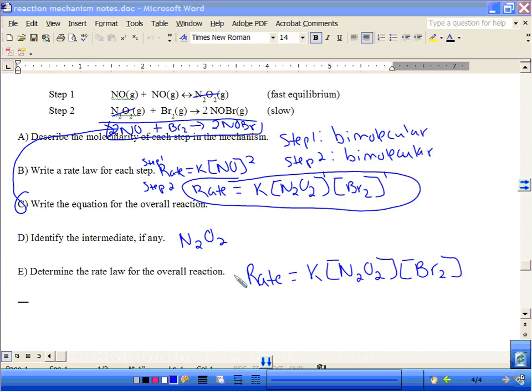So if you end up with an intermediate and it's your slow step, you actually have to do a substitution. I'm going to go to pink now so you can see. You go back up and you find where this intermediate was made, and it was made right here in step 1.